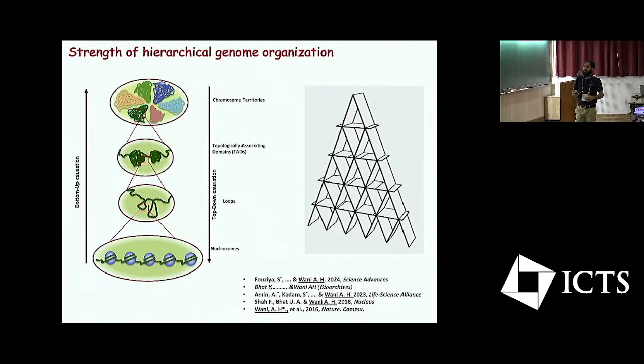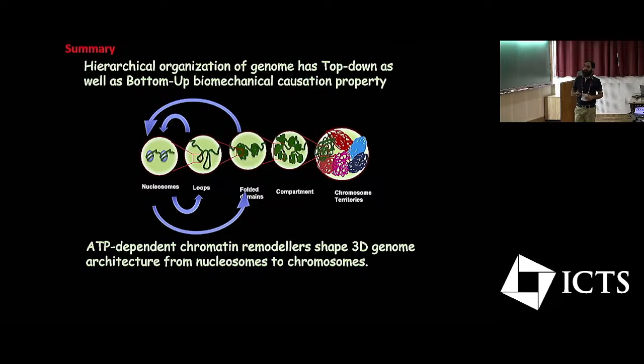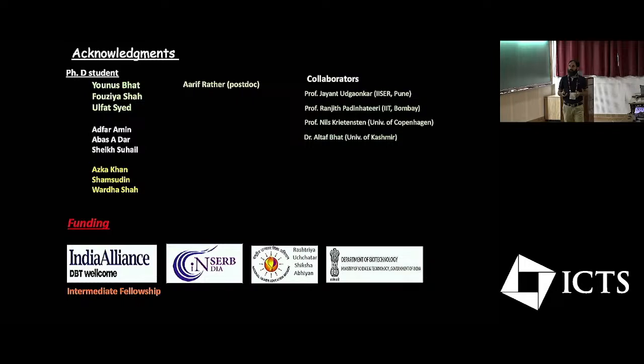So in summary, it seems from our data that we have tested the strength of this hierarchical nature of chromatin organization, and the ATP-dependent remodelers shape the chromatin not only at the level of nucleosomes, but at higher order 3D organization as well.